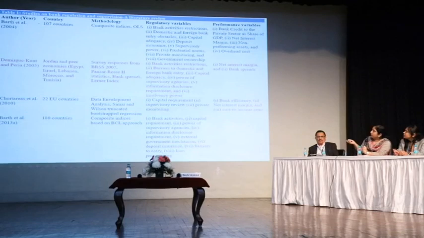One of the studies, which I have highlighted in red here, is the only study which has actually gone with the competition assessment, but it is limited to only one point in time, that is 2007. They compared the competition policy framework of Jordan with its peer economies by using some of the regulatory areas.